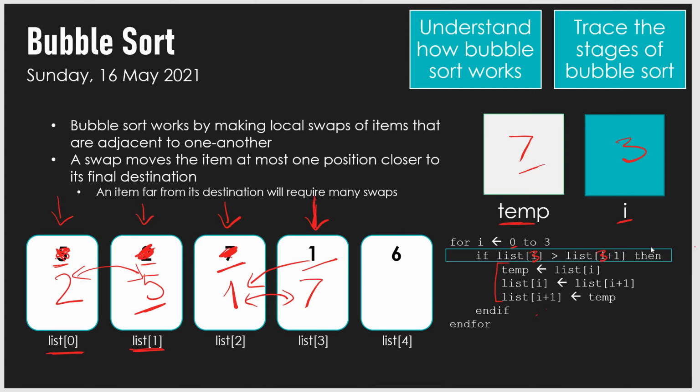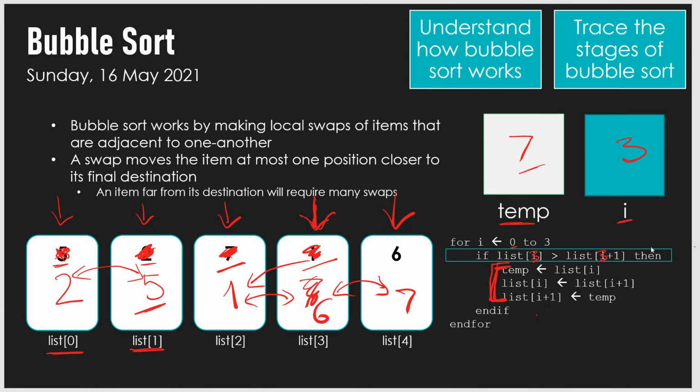So now we're looking at this index here and this index here. Now keep in mind this is now 7, so 7 is greater than 6. We're going to execute these 3 lines of code. So again, these 2 values here are going to swap. So 6 is going to be in index 3 and 7 is going to be in index 4.